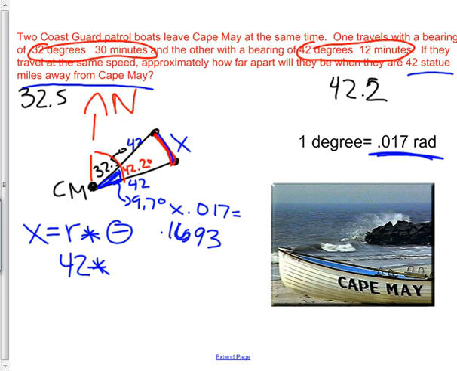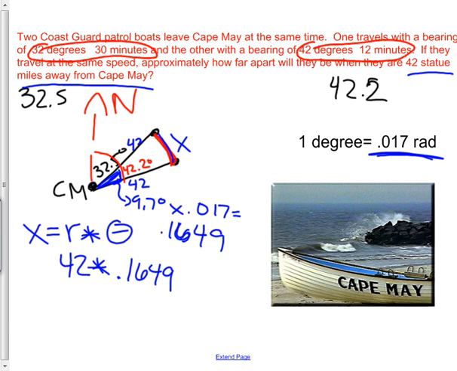Depending on how you round. Am I wrong? 7 times 0.017. Oh, it is 0.1649. Maybe when I was doing it, I was working with different numbers. Oh, well, it's 0.1649. So we plug those radians into our equation.